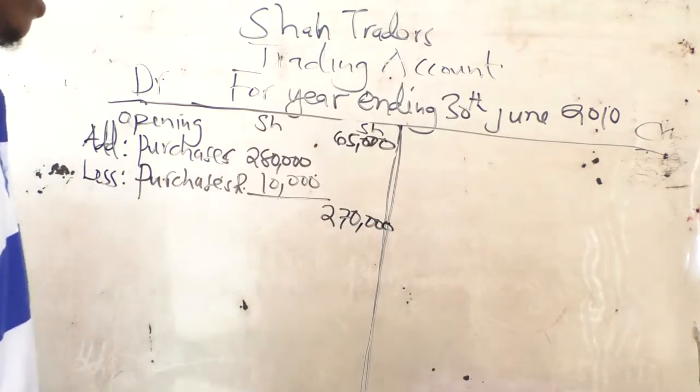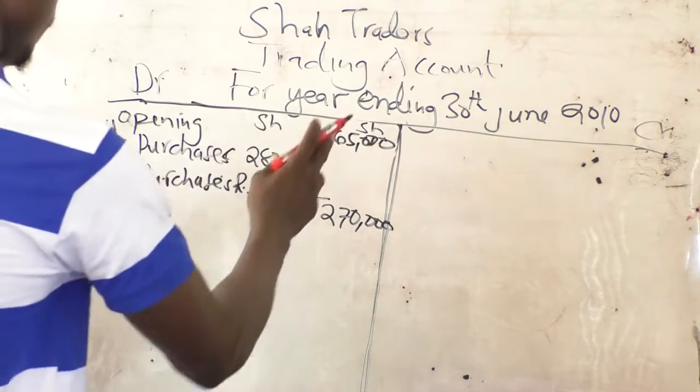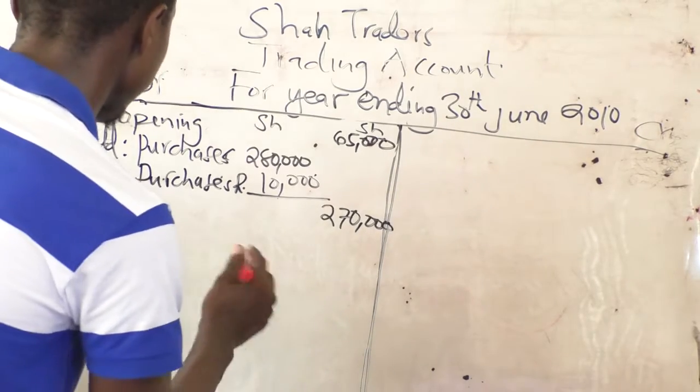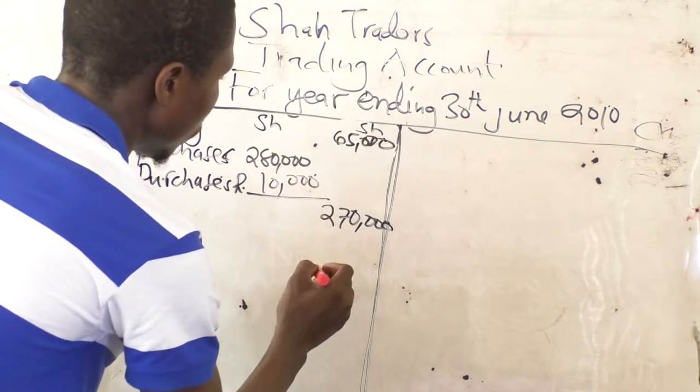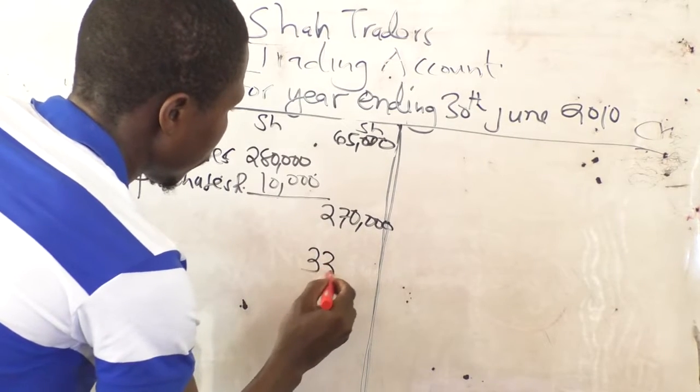So 270,000 plus 65,000 is going to be 335,000.